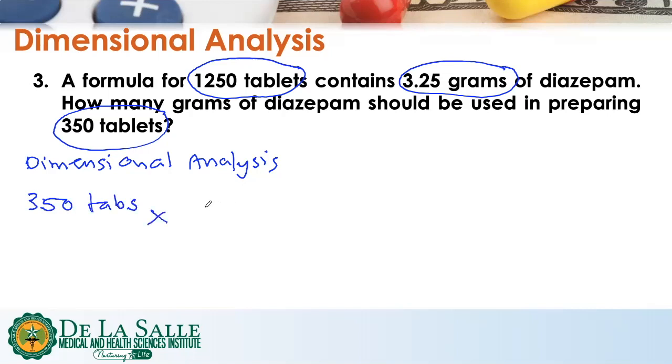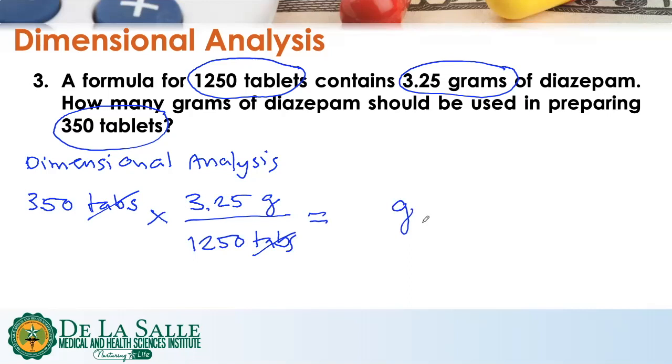Again, we know that 1,250 tablets contain 3.25 grams of diazepam. Here, we can already cancel out the number of tablets and we already have our final answer in grams. Multiplying 350 by 3.25 and then dividing the answer by 1,250, we get 0.91 gram.